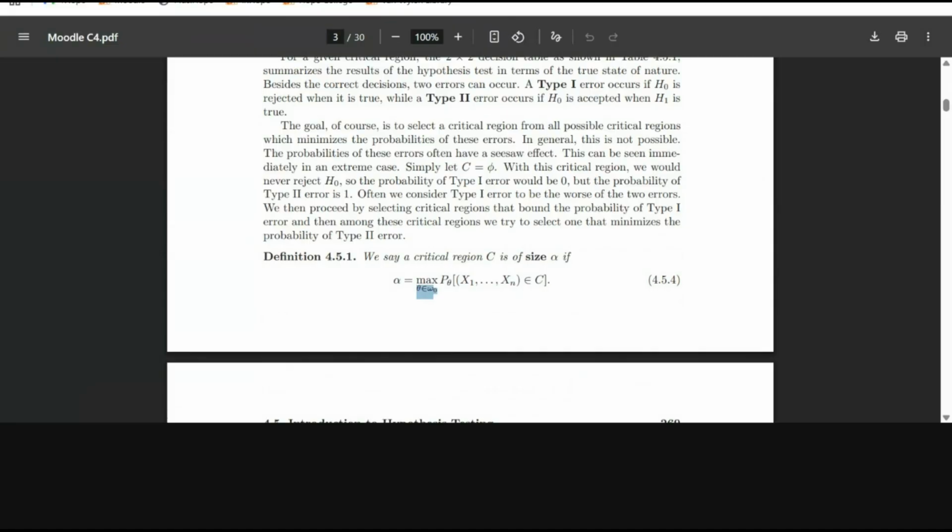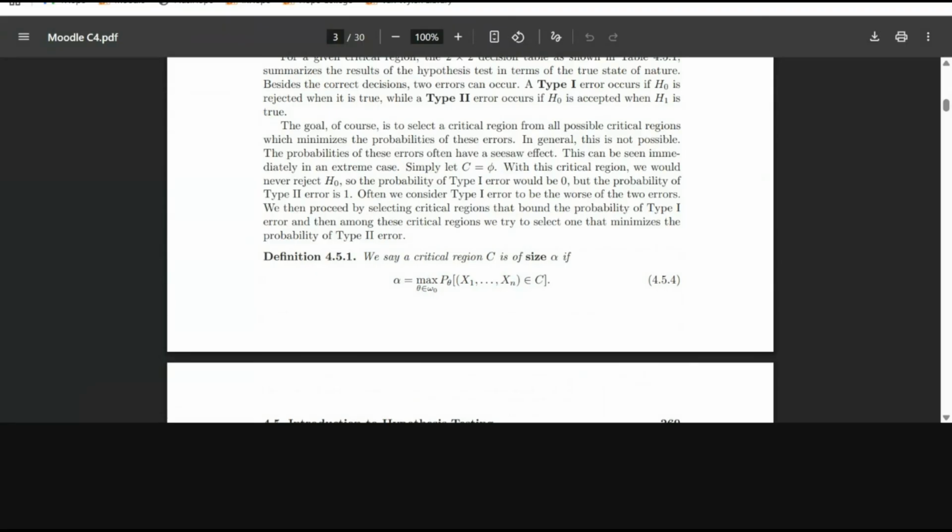Wow. All right, this is where things start to get a little bit difficult to parse. So let me go through the definition of size or significance level again. It means what is the probability of your data falling into the critical region? And what's the maximum value of this probability as you go through all the values specified for the parameter in the null hypothesis? So let's give you a practical example immediately.